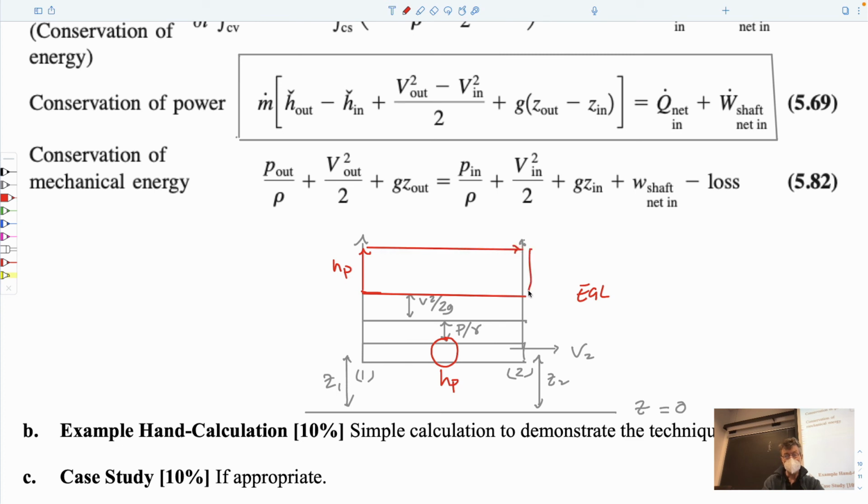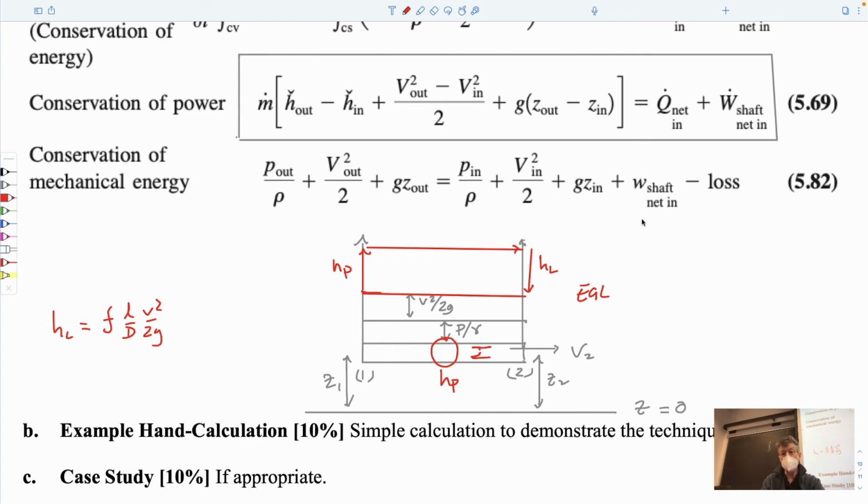Then to get it down here, there has to be a head loss, and the head loss is due to the friction factor. Head loss is equal to friction factor, length over diameter of the pipe, v squared over 2g.